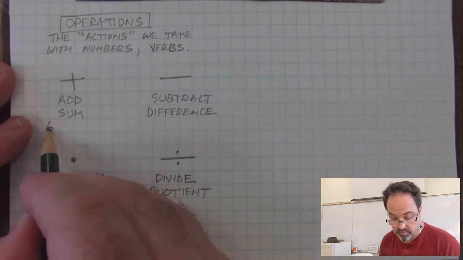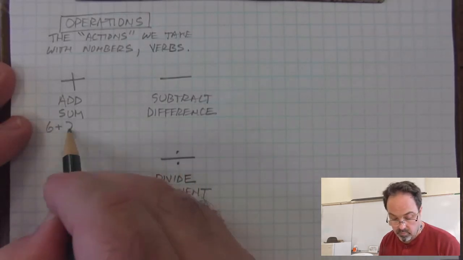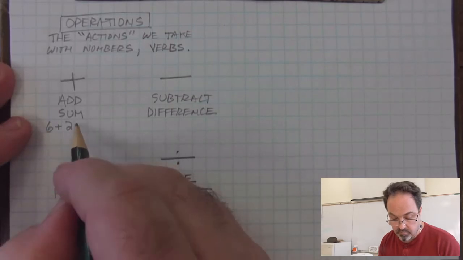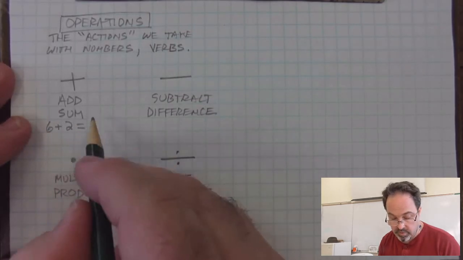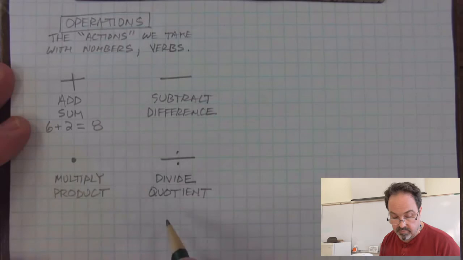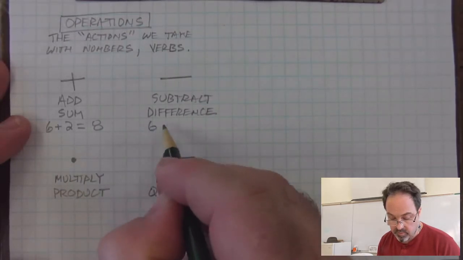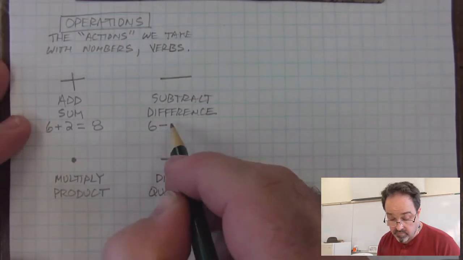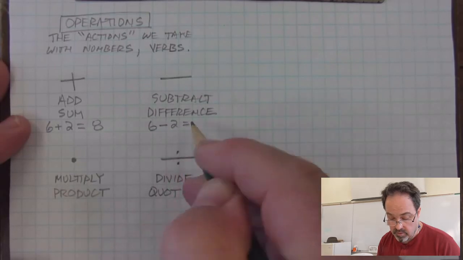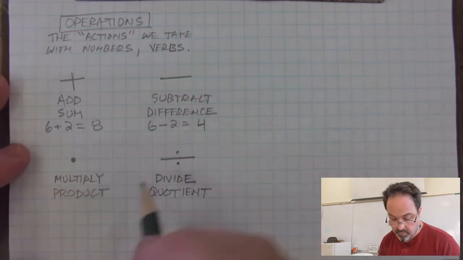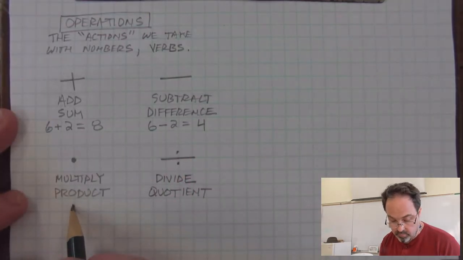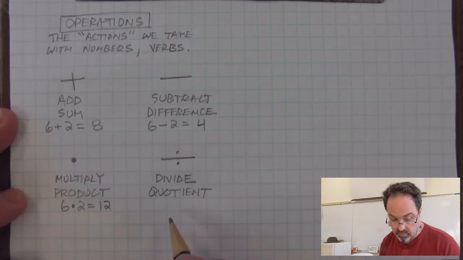For example, we can add 6 and 2, and it will be equal to the sum 8. We can take the difference of 6 and 2 and produce the difference 4. We can multiply 6 and 2 to produce the product 12.